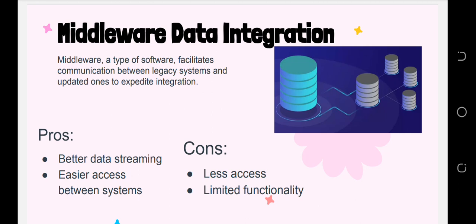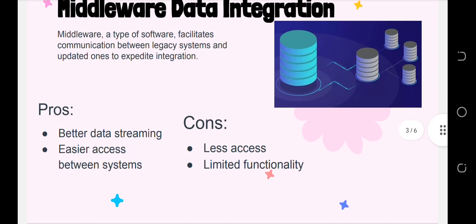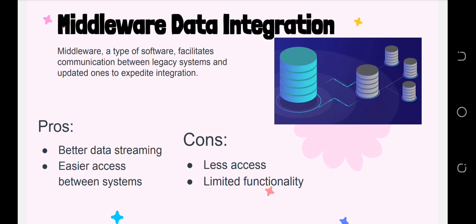So that is middleware data integration. One of my own examples of this is the messenger. The messenger facilitates communication between one person and another person or one person and a group. So the pros there are better data streaming.